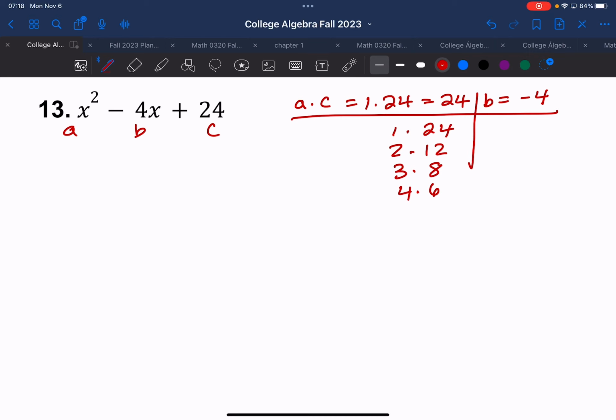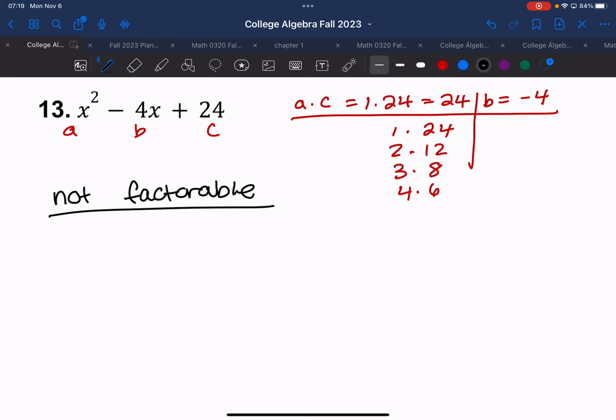So what does that mean for this problem? Not no solution, because the question is to factor this. So not no solution, but not factorable. So this is not factorable. If this was asking us to solve, since this cannot be factored, remember we can always solve a quadratic equation using what formula?